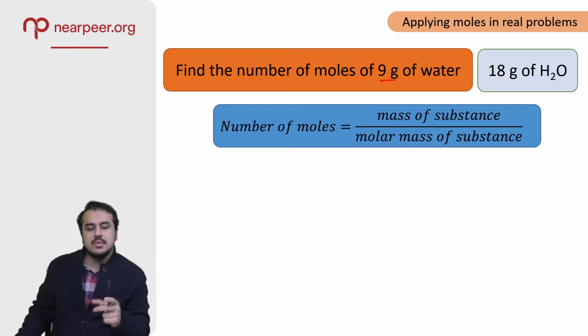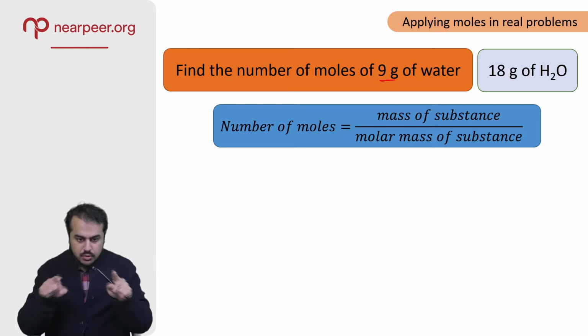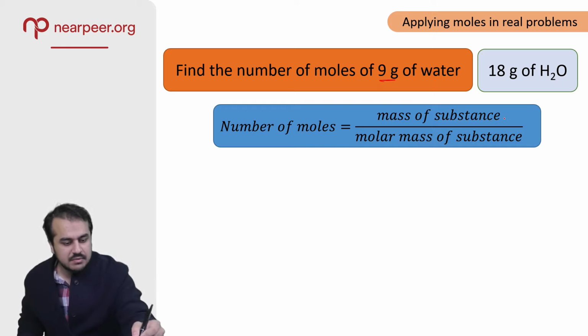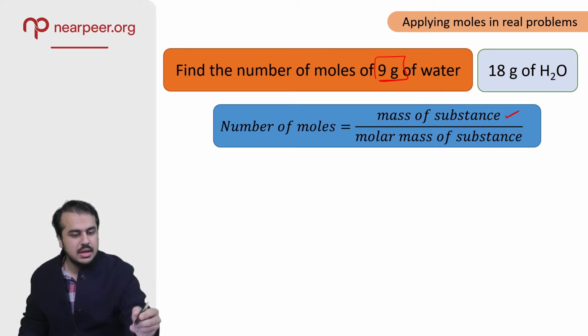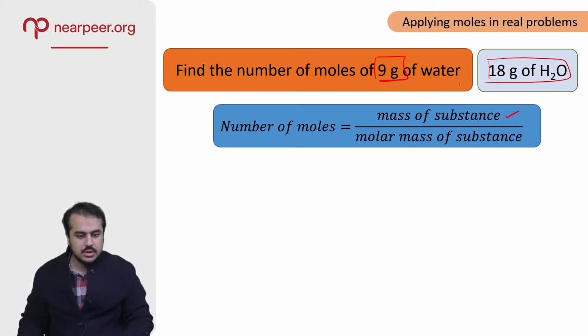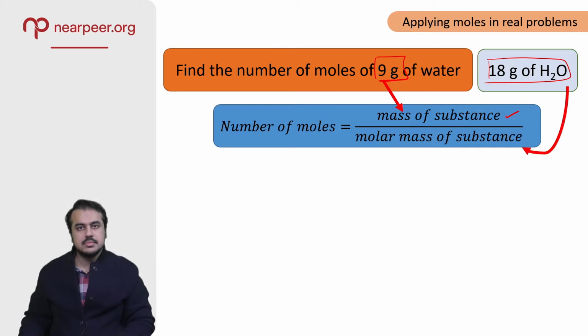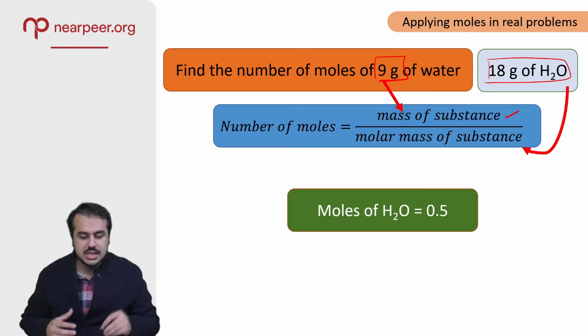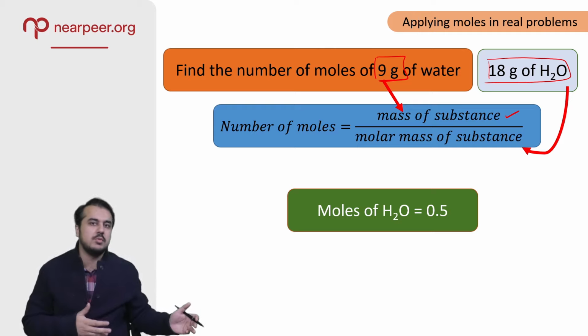All you have to do now is plug in the values, and in the formula we need only 2 out of 3 values. So we have the mass of the substance, which is 9 grams, and we have the molar mass of the substance, 18 grams of water. Plug the values in and you'll have the number of moles of water, and the number of moles of water in this case is 0.5 moles.